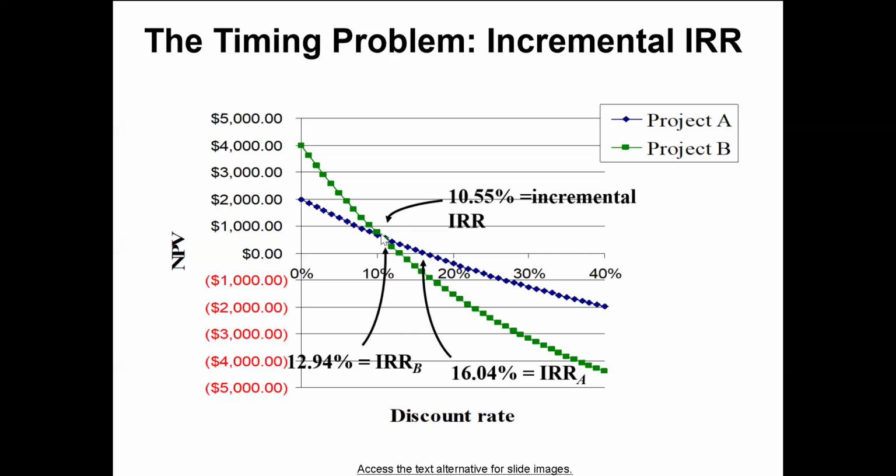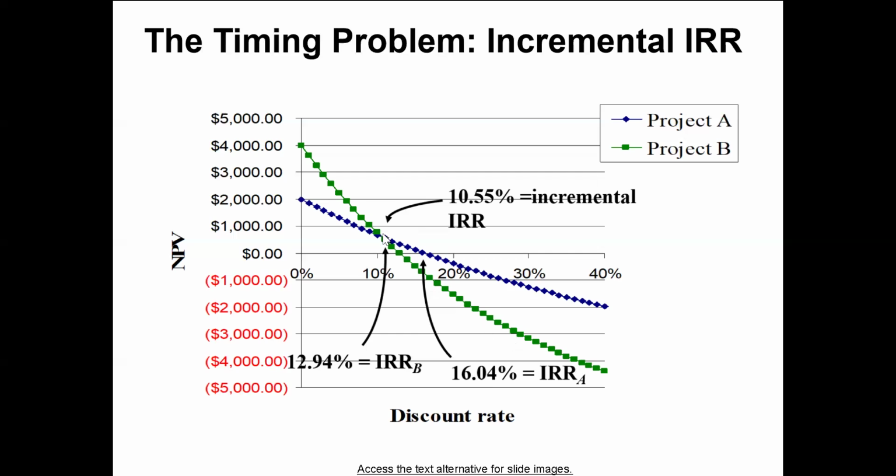So this means that if you just use the IRR as a criterion, you would conclude that project A is more profitable than project B because 16% is higher than 12%. But it is not always true. It is only true if the discount rate is higher than 10.55%, just the right-hand side of this area.